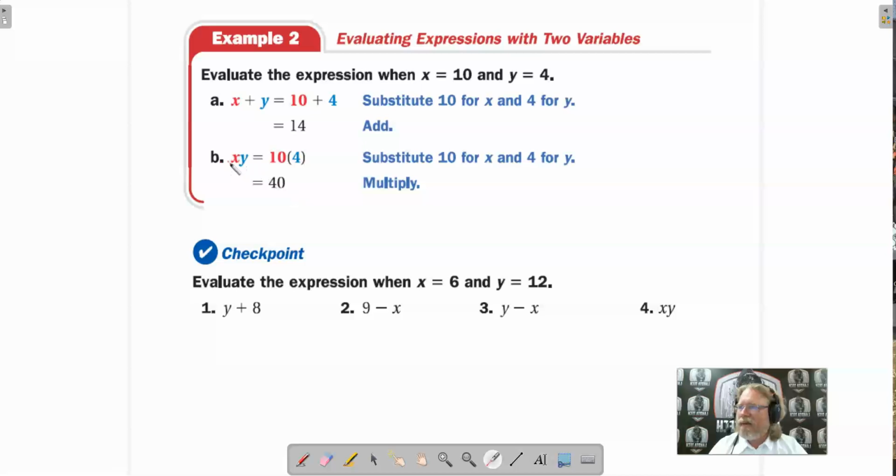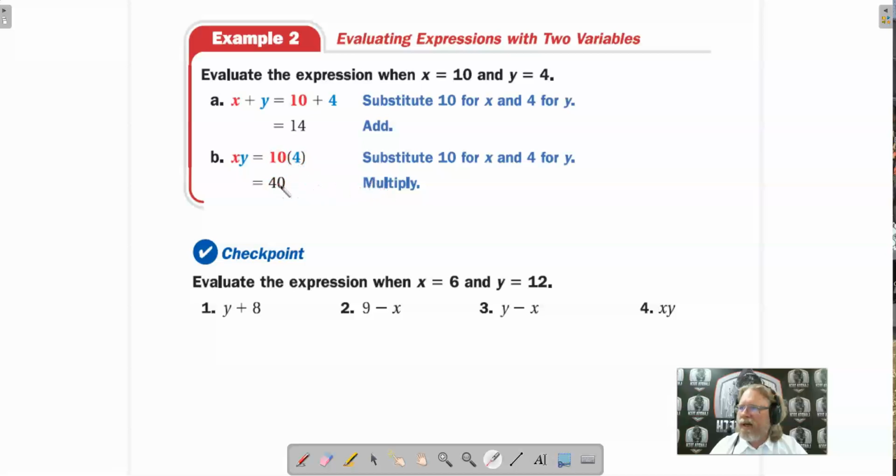In the second example here, we have xy. We see no operation symbol, right? So we know that it is multiplication. This means x times y. So we're going to substitute in 10 for x because x is equal to 10, and 4 for y, because y equals 4. So now we have 10 times 4, and 10 times 4 is 40.